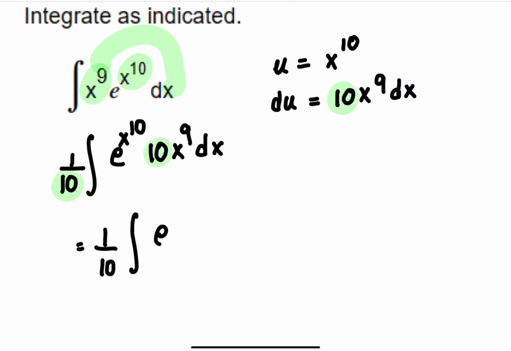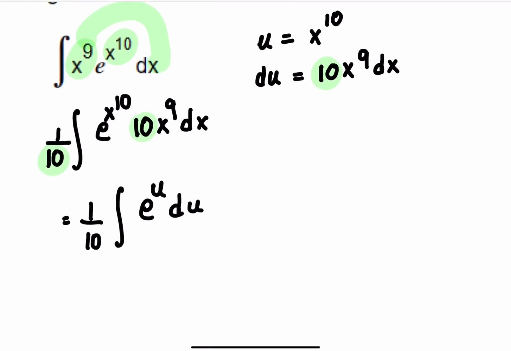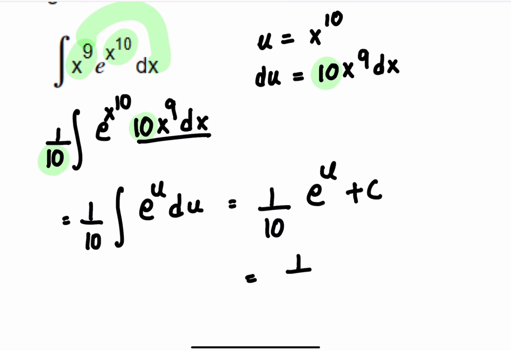This is nothing but e to the power u du, because this whole thing is du. And now this is 1 over 10 e power u plus c, because integral of e power u is e power u. Now go back and bring your u, which is x power 10 plus c.